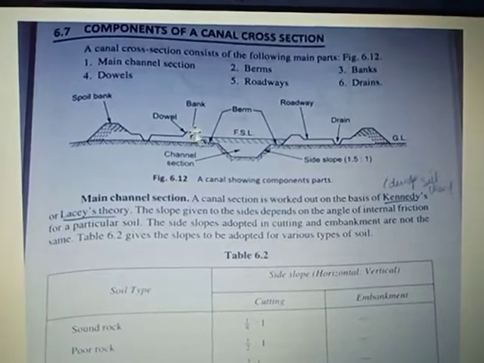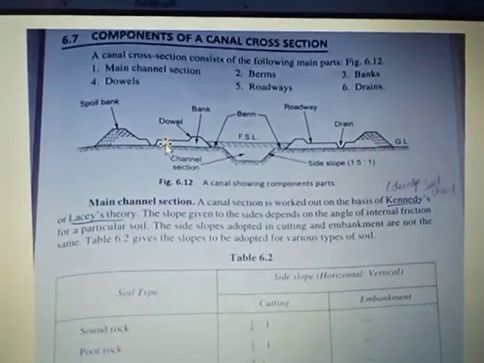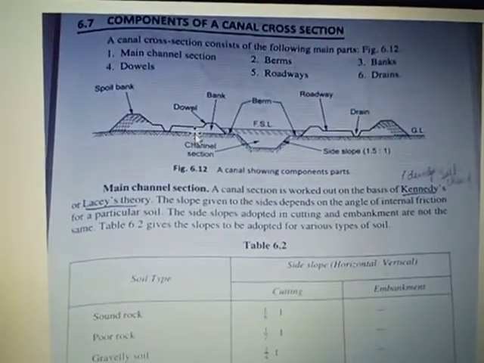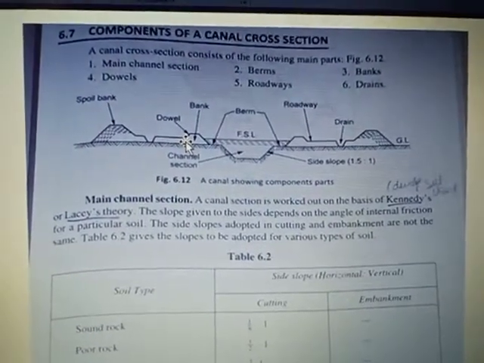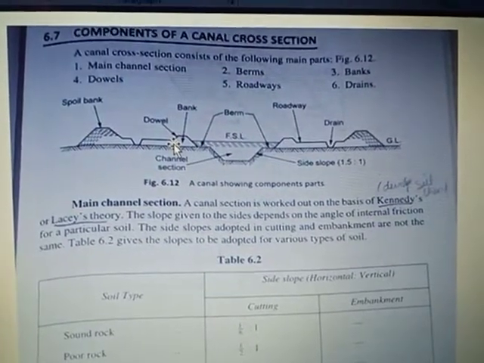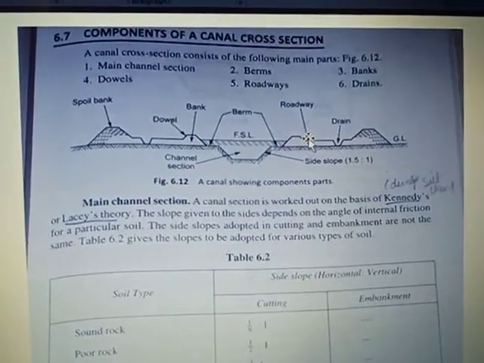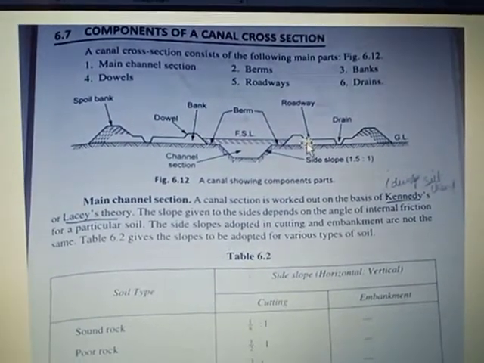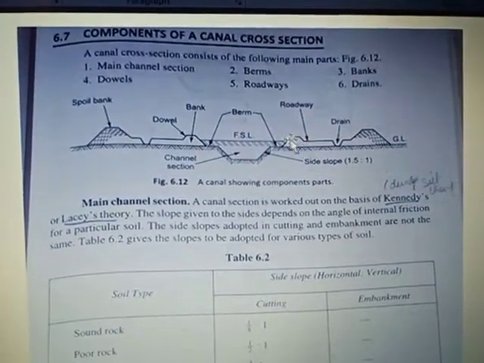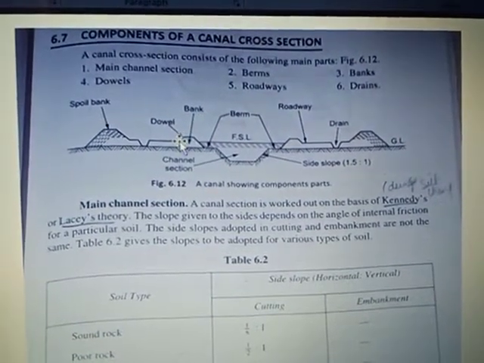After the banks are the dowels. What is this dowel? You can see that it is just a raised portion over the bank, by the side of an inspection road, here the roadway. On the side of the roadway, these dowels are provided. This is also a dowel, shown only from one side.